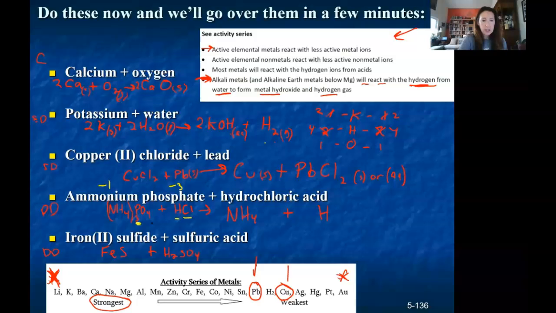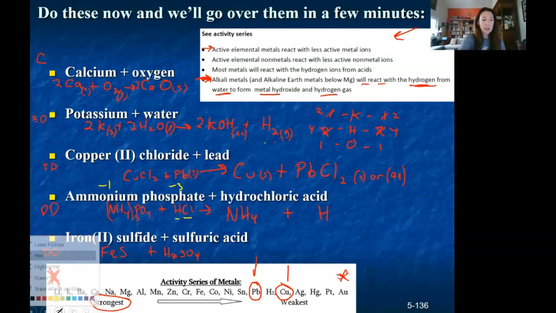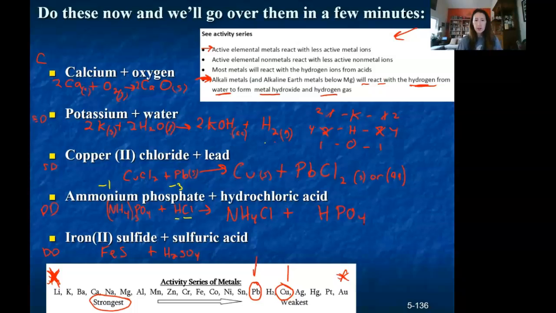We need this 3 to balance out this phosphate. That's the only reason the 3 is there. So we're not going to take it over to the other side because it's not going to be with phosphate anymore, so it's not needed, right? We need to balance them individually after we write our products. This is going to be NH4Cl and then HPO4. So I just switched these two.